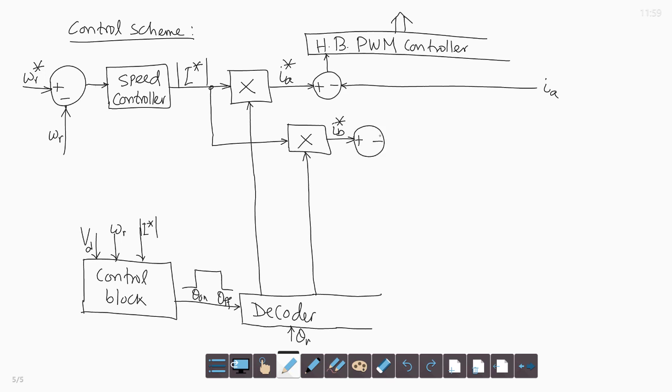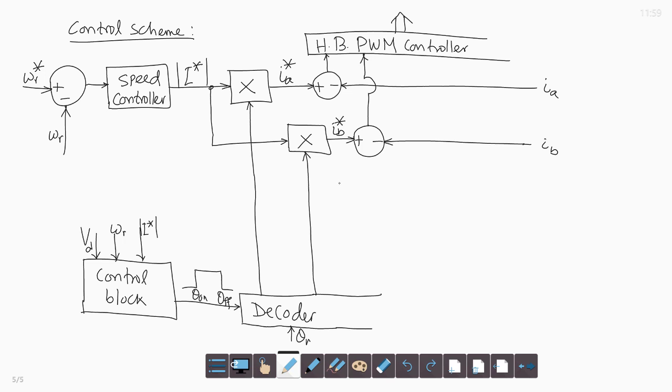Obviously, they will be phase shifted from each other, and IB star is compared with the actual motor current IB, and it gives signal to the hysteresis band PWM current controller.